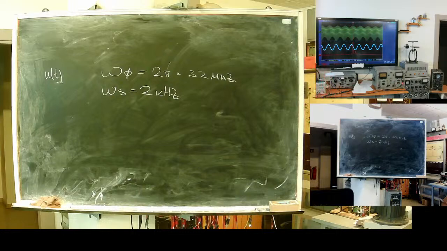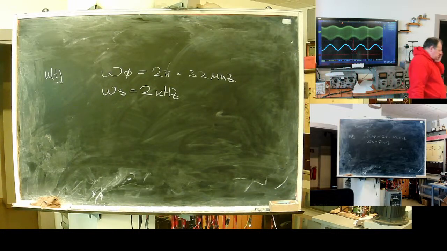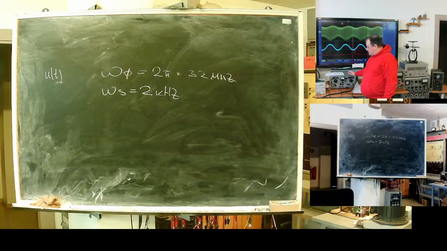I'll tell you what's going on. The problem is that 32 megahertz is too high for my scope. I'm using this receiver because I have access to interim frequency. I use this receiver to transfer from real 32 megahertz to the lower 4 megahertz frequency.